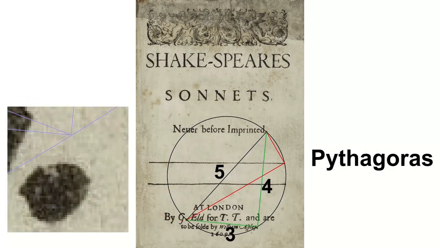Then the next one is Pythagoras, and that's because it's got sides which have a ratio of 3, 4, and 5, which is a nice, easy to get your head around triangle to choose. Unfortunately, our dot here, the Aspley dot, is anomalous. It's not really where it needs to be.